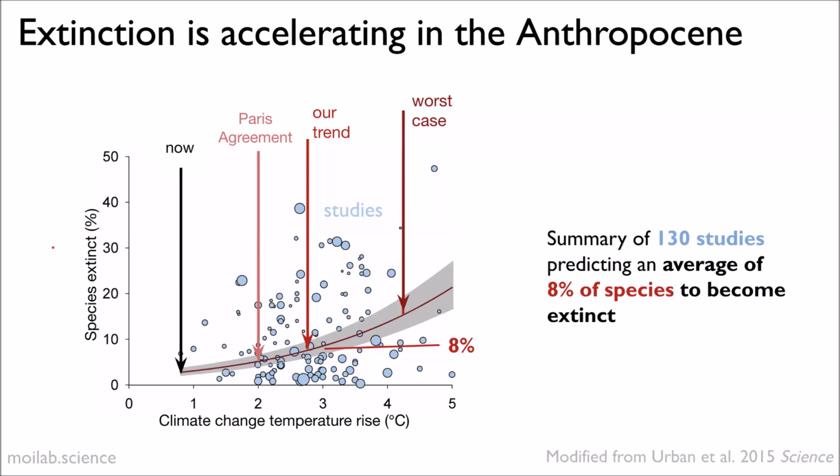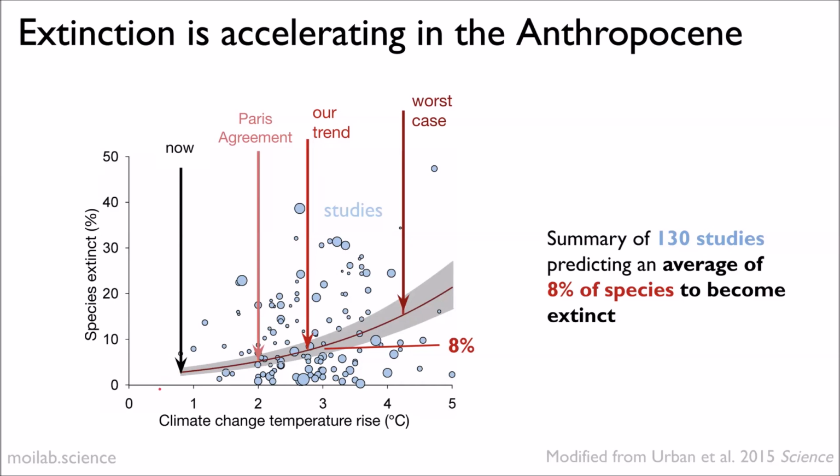And what he found was that across studies, there was about 8% of all species predicted to potentially become extinct. These were very heterogeneous studies, right? So that's why you see such a large variance from niche modeling to demographic modeling to others.